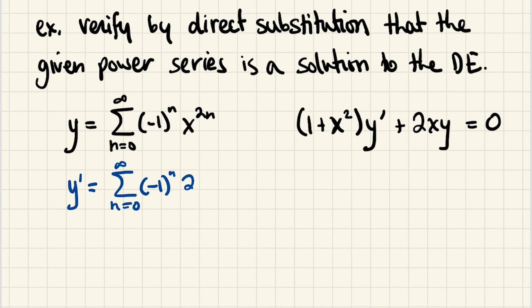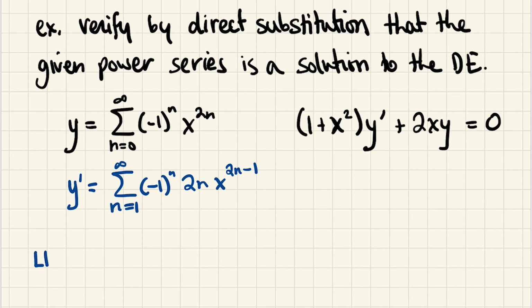So the 2n would come down, we'd get x to the 2n minus 1. Note that the first term of this series is actually 0. So this series ought to really start at n equals 1. And now we have both y and y prime. Let's go plug them in where they belong and see if we get 0.